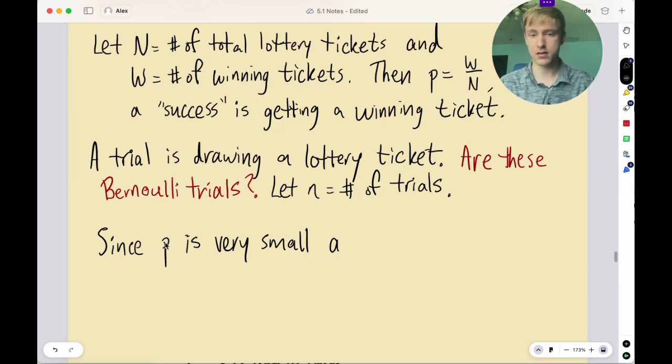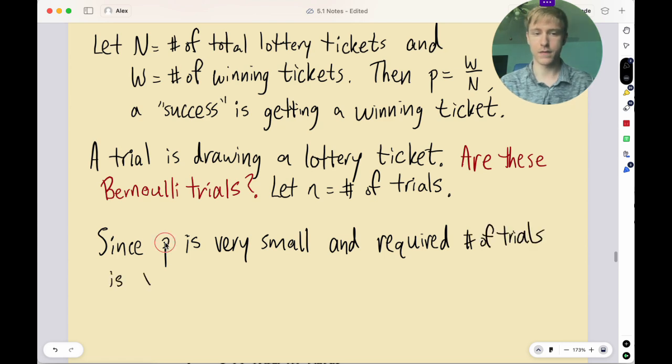Okay, and the required number of trials is very big as well. You're not expected to draw 5 tickets and then automatically get a winner. You're going to have to draw hundreds, if not thousands.